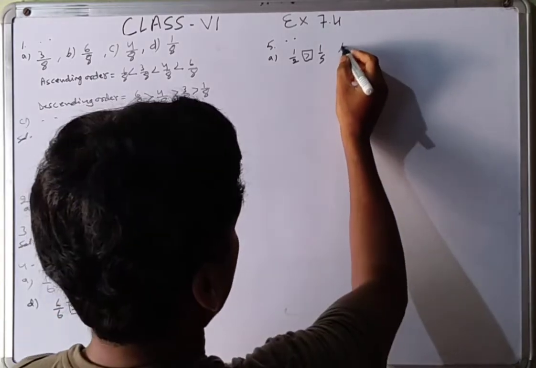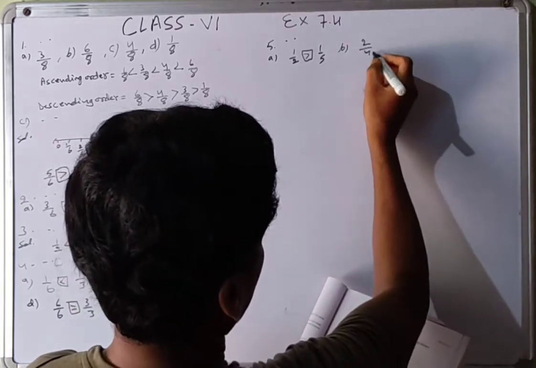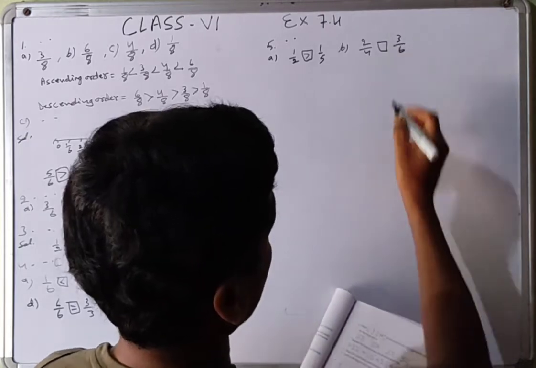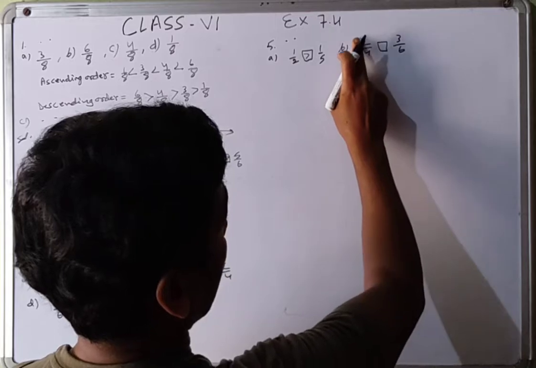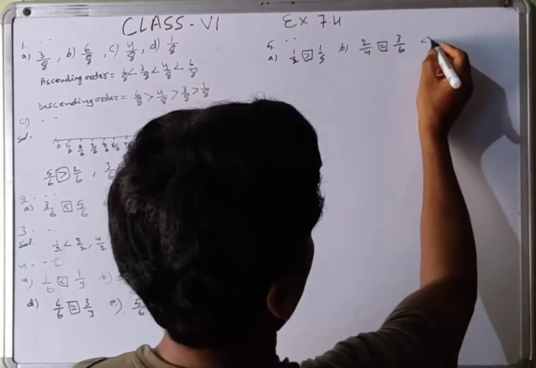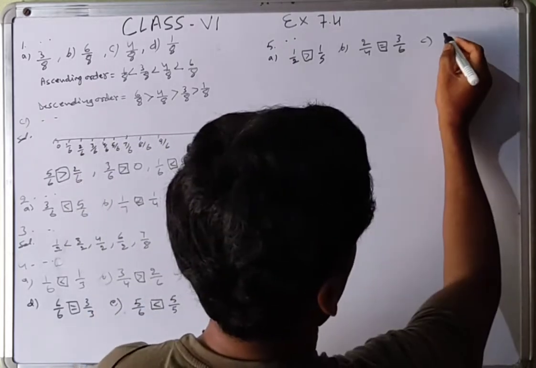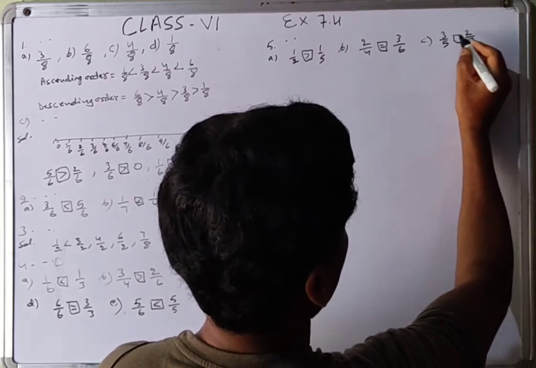B part: 2/4 box 3/6. So both are equal. When you divide, that 1/2 will also be 1/2. C part: 3/5 and 2/3.